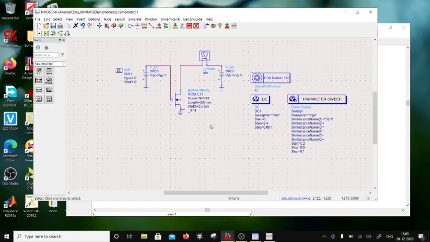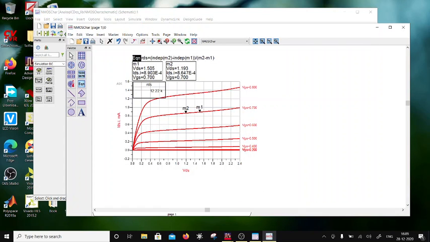So W by L is a constant, and the drain current, mu n C ox by 2 W by L into VGS minus VT, the overdrive squared, is constant because W by L has remained constant. You bump up W and L by the same factor, so their ratio is the same. So the currents are going to remain the same, but increasing the L would increase the output resistance, as we have just seen here. So that proves our point.